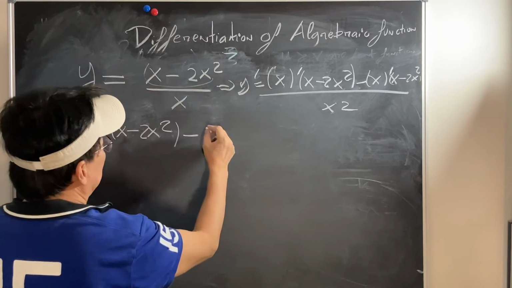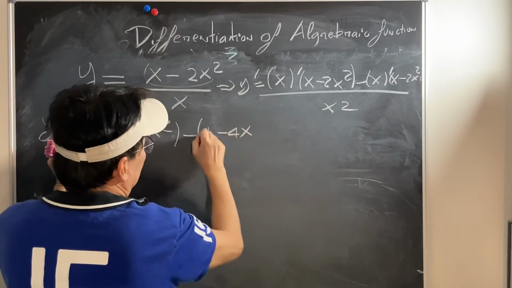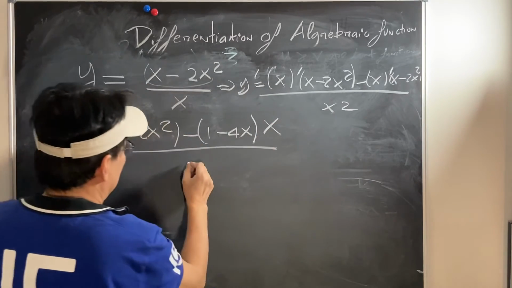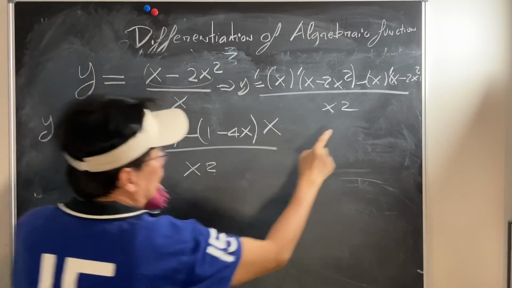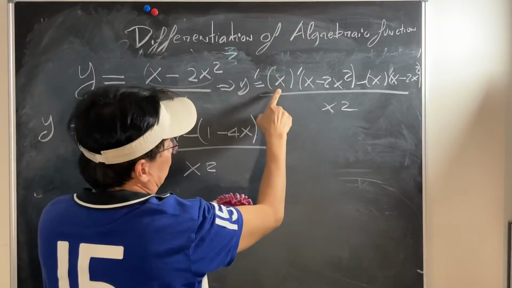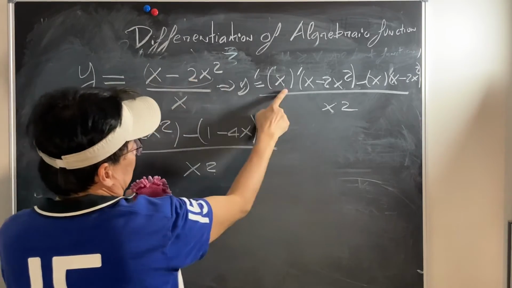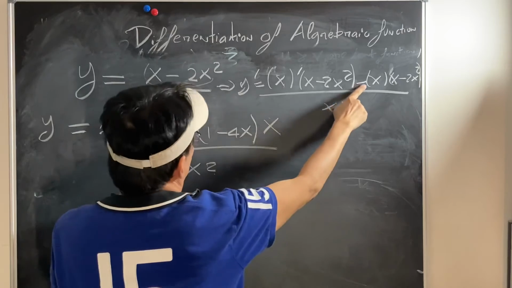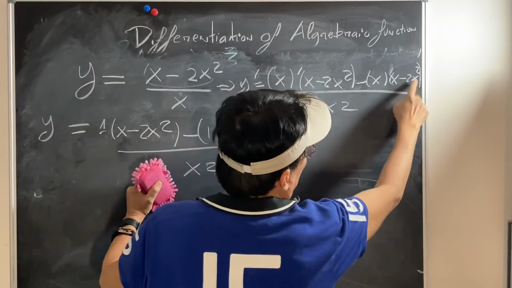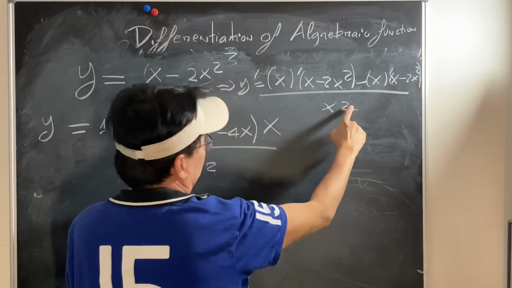So derivative of x minus 2x squared will be equal 1 minus 4x, times x, and now the whole thing divided by x squared. Okay, here the derivative of the numerator is multiplied by this function x, and minus the derivative of the denominator multiplied by x minus 2x squared, divided by v squared, which is x squared.